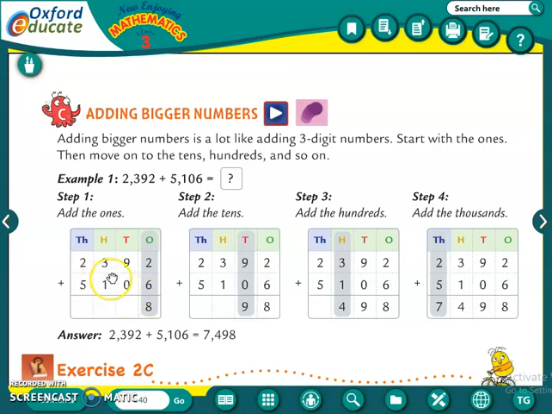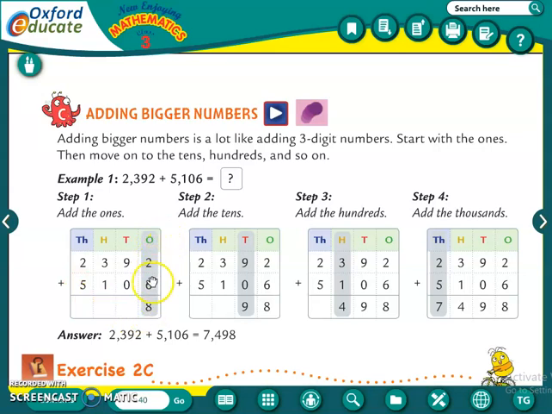We have to write the numbers properly: ones number in one line, tens number in one line, hundreds number in one line, and thousands number in one line. So we will start the calculation from the ones.